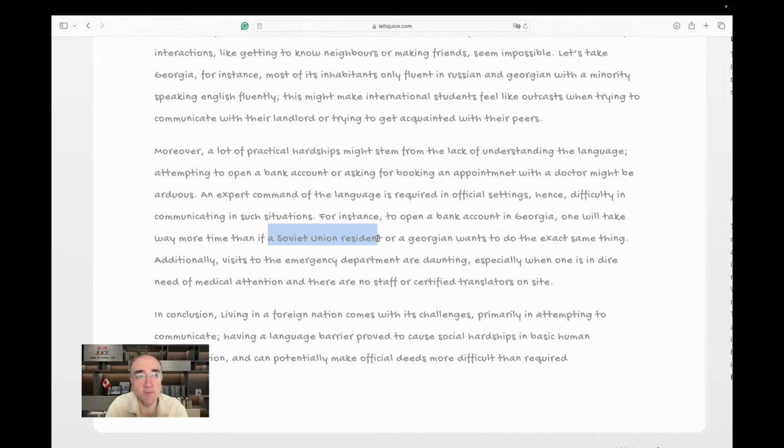So let's say if somebody comes to Georgia from Azerbaijan, yeah, they were once a country or a member of the Soviet Union, but they are still considered foreigner in Georgia. So we need to say foreigners, but not all foreigners. So this is an element of technical thing.